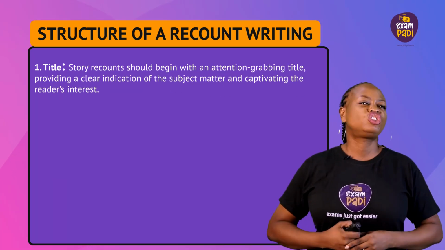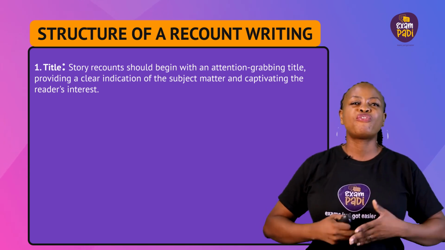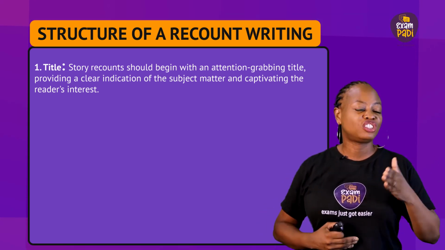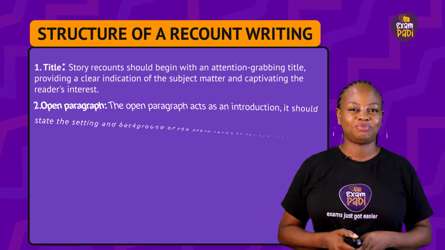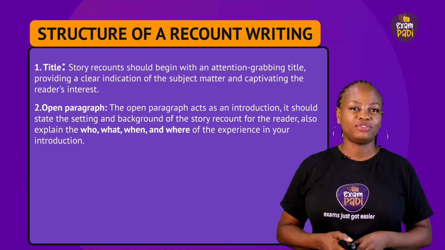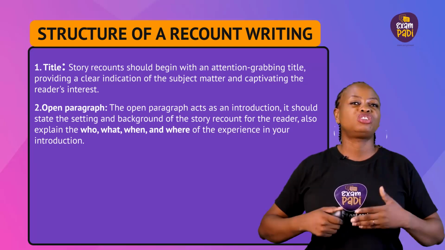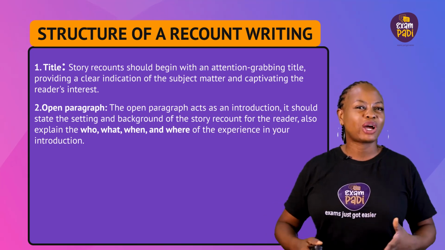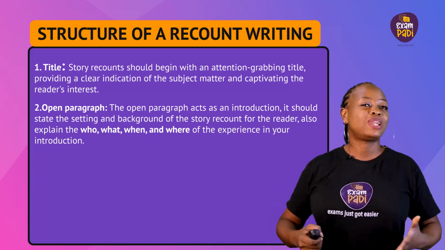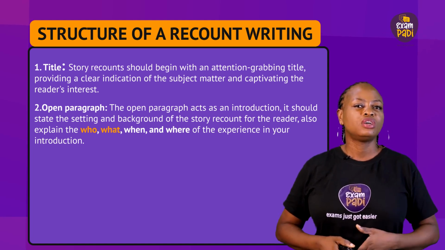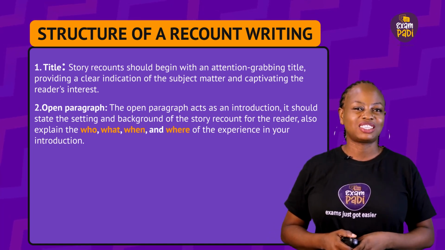Story recounts should begin with an attention-grabbing title, providing a clear indication of the subject matter and captivating the reader's interest. 2. Open paragraph. The open paragraph acts as an introduction. It should state the setting and background of the story recount for the reader. It should also explain the who, what, when, and where of the experience in your introduction.